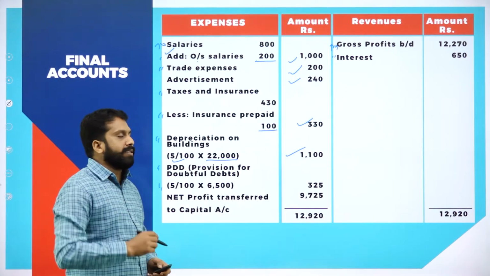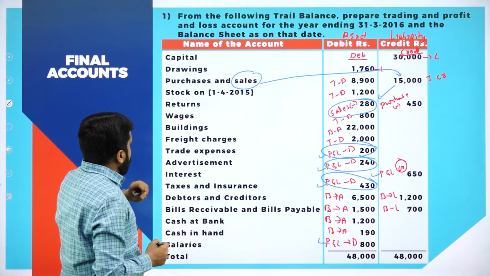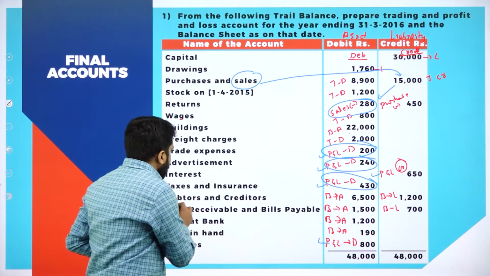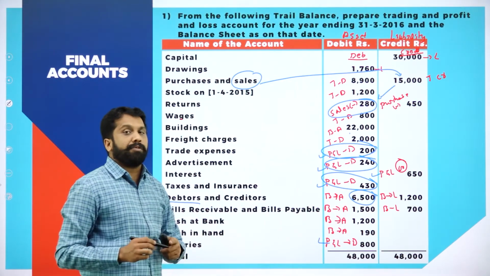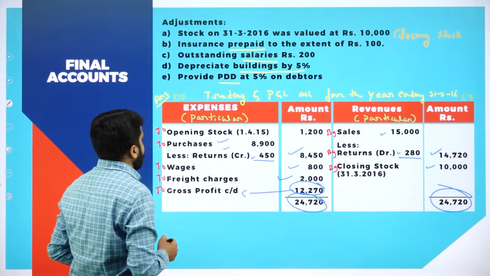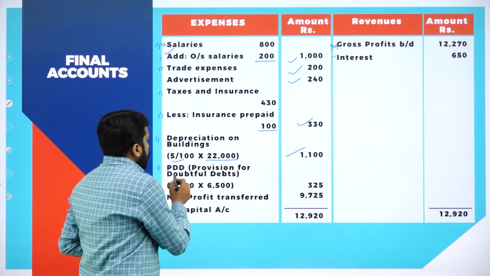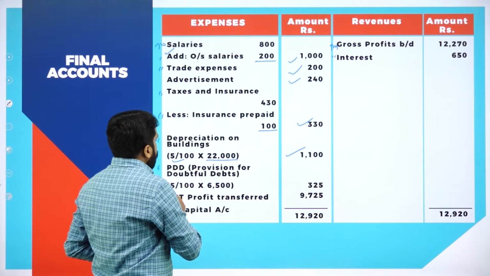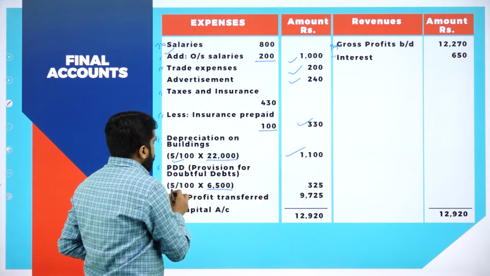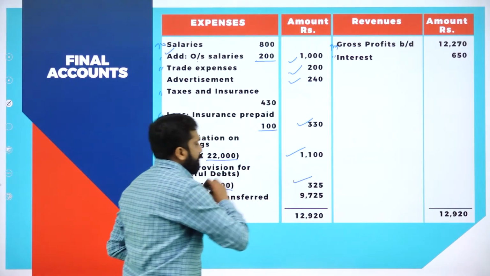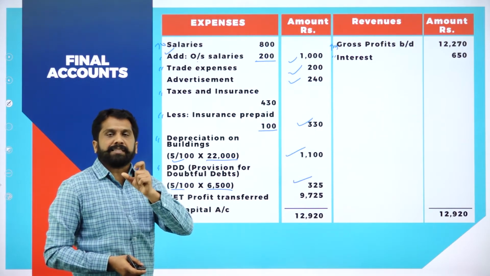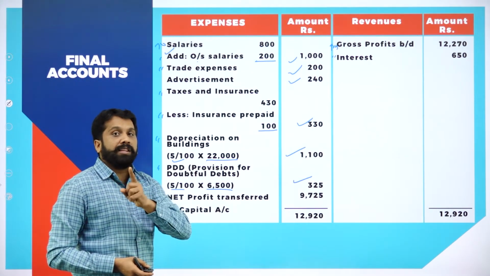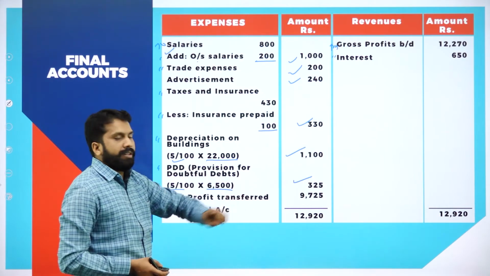I'll go back to your debtors. Your debtors is how much? Your debtors is 6,500. On that, what is the percentage? 5%. On that 5%, it will be 325. Go back to your question. Find the debtors. Calculate 5%. Only that 5% value we have to write.